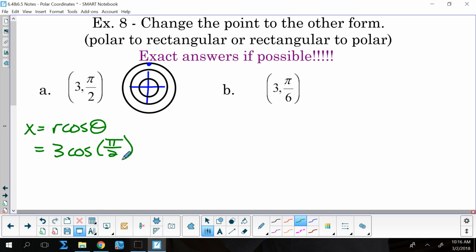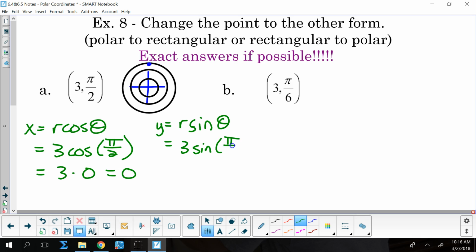What is the cosine of pi over 2? 0. So this is 3 times 0, which is 0. And then y is going to be r sine of theta. So that's going to be 3 times the sine of pi over 2. What's the sine of pi over 2? 1. 3 times 1 is 3. So the answer here is 0 comma 3.